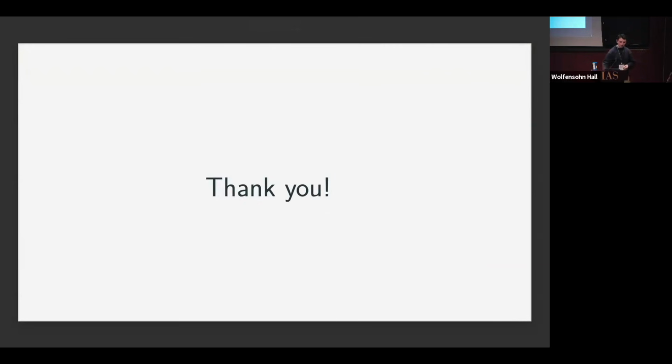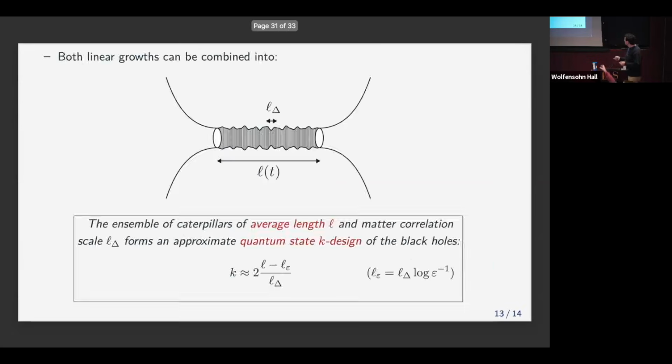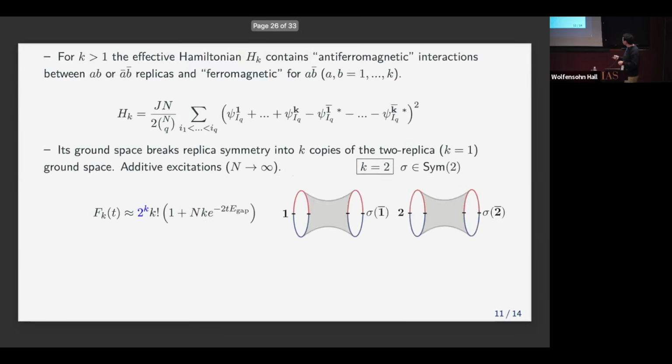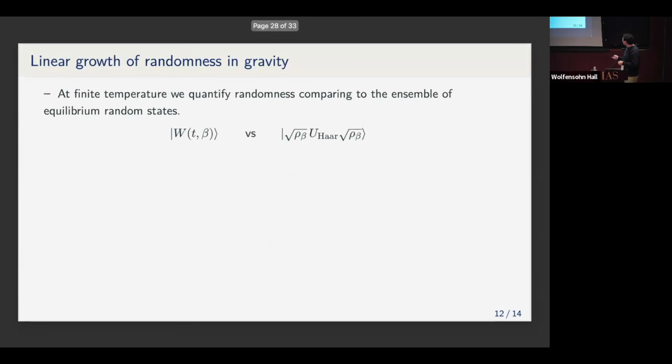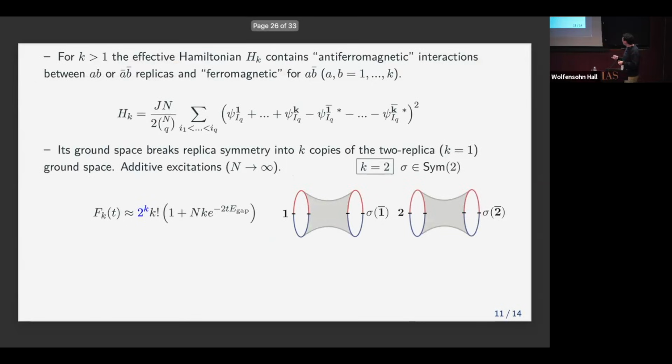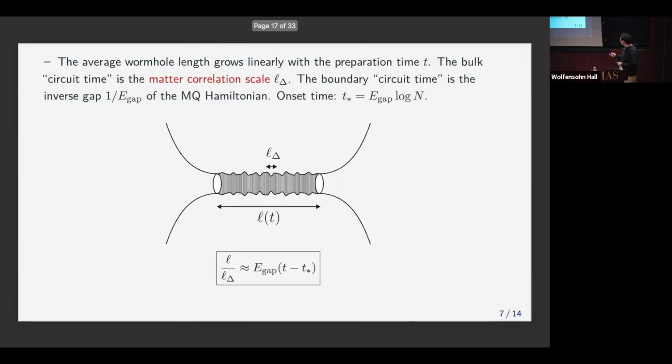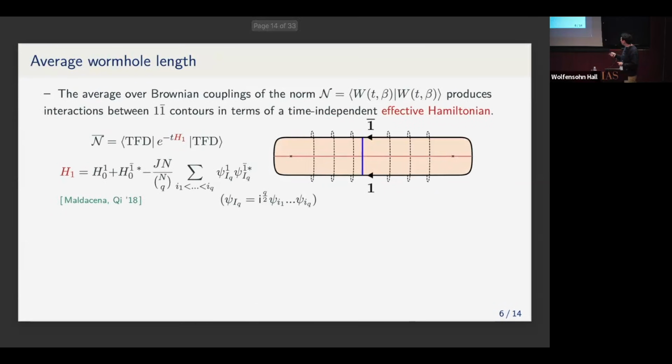The finite temperature case, what could the ensemble converge to, the equilibrium ensemble you define, instead of the genuine thermofield double? So, okay, yeah, that is a subtlety that I didn't mention too much. Essentially, the point is that when you do these averages over couplings, there's this effective Hamiltonian that shows up, which is the Maldacena-Qi Hamiltonian.